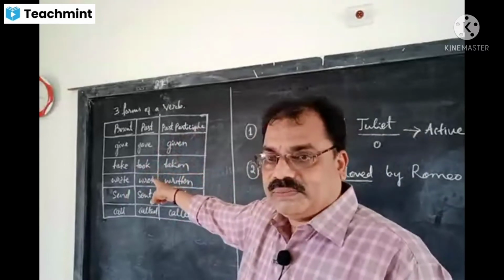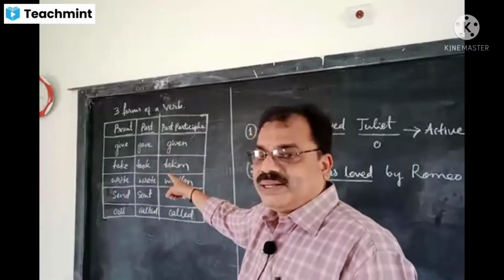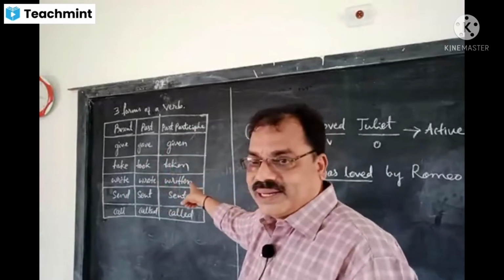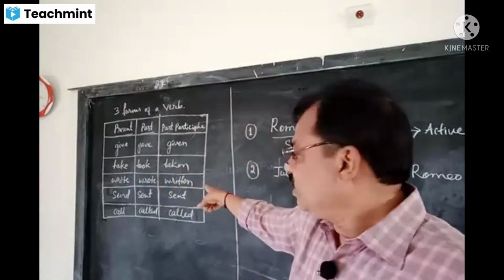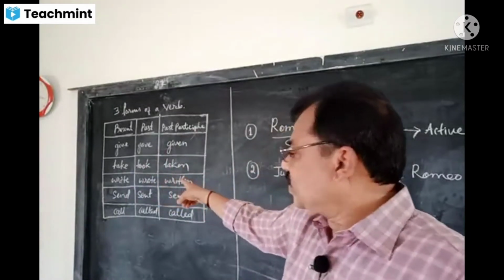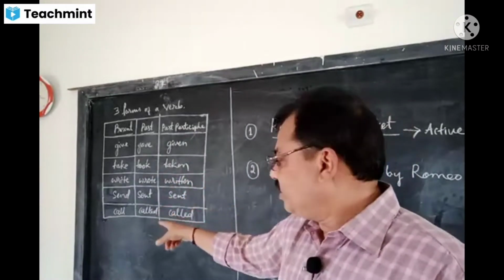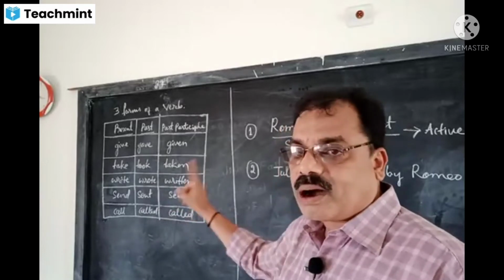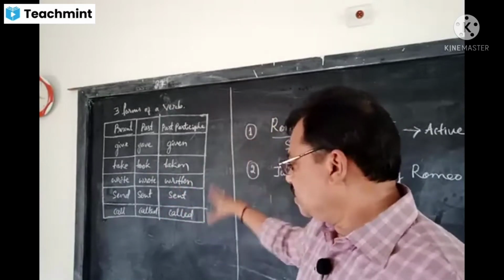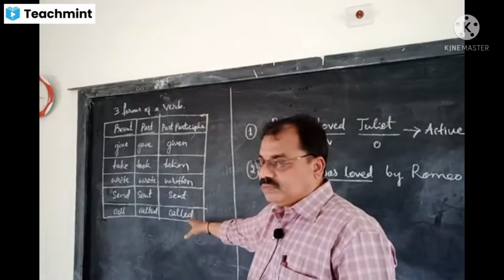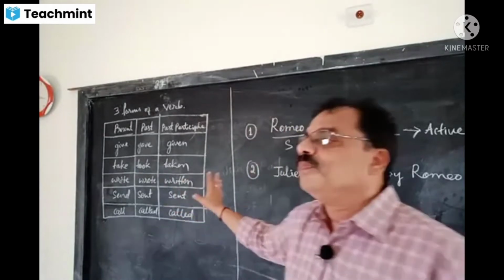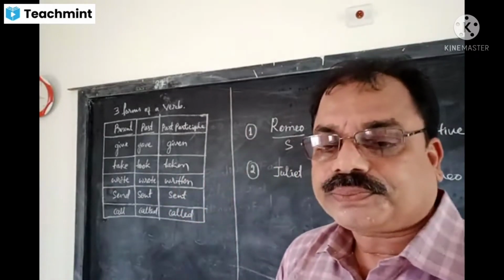See, take: present tense form; took, past tense; taken, past participle form; and write, wrote, written; send, sent, sent; call, called, called. This called past participle form will be used in passive voice only.